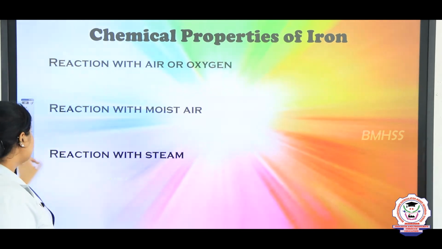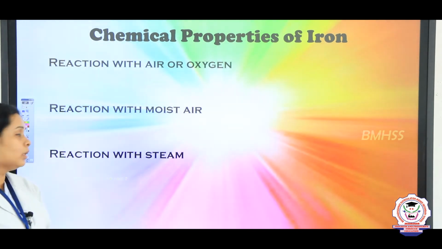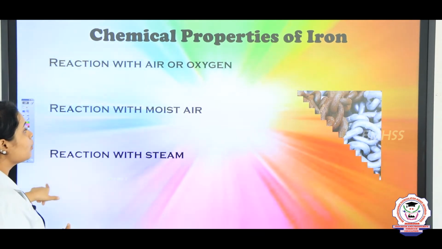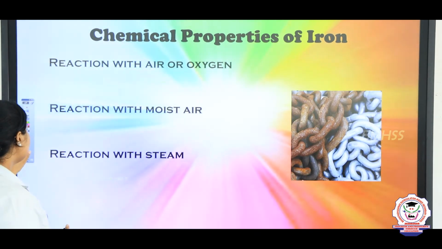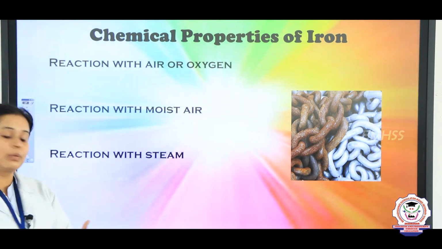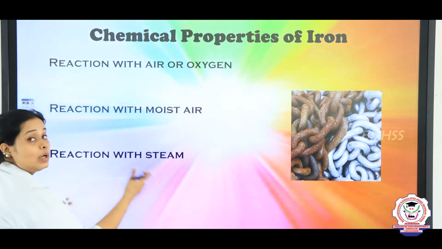Then now let us see how the reaction will happen with the steam. So, children, when you are seeing the reaction with steam, you will see that the iron will react with water and it will become Fe3O4.